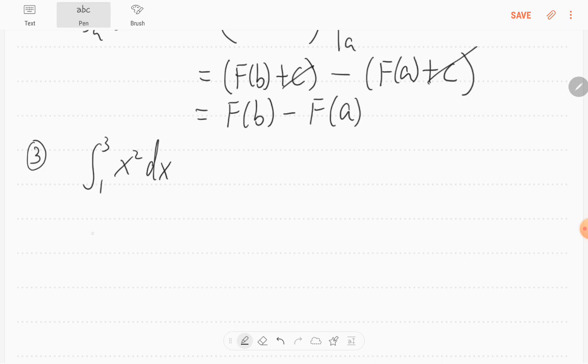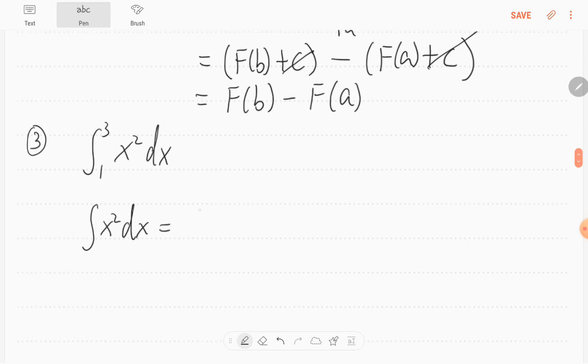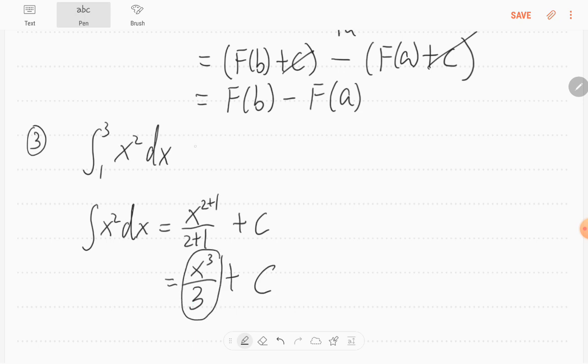We use the power rule, which is x to the 2 plus 1 divided by 2 plus 1, then plus constant c. So this includes all the antiderivatives, x cubed over 3 plus c. But we only use the part without any constant. So we use this as the one antiderivative, then evaluate at 1 and 3.